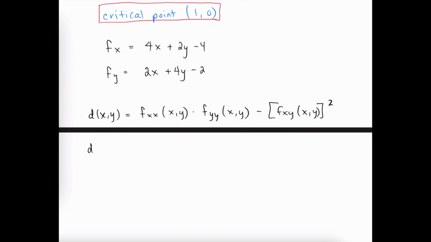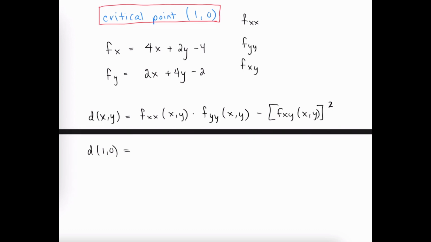So let's put our critical point into this formula, but we are going to need these second partials before we do that. To get fxx, we differentiate this with respect to x again, and that's going to give us 4. To get fyy, we differentiate this with respect to y again to get also 4. For fxy, we differentiate this again, but this time with respect to y, and so we're going to get 2.